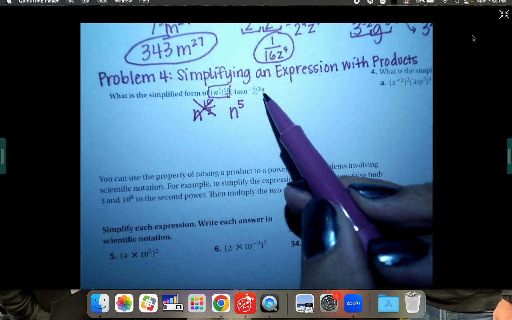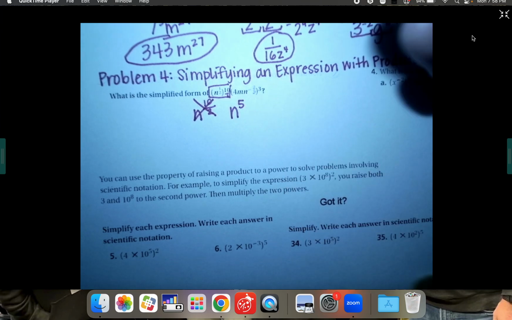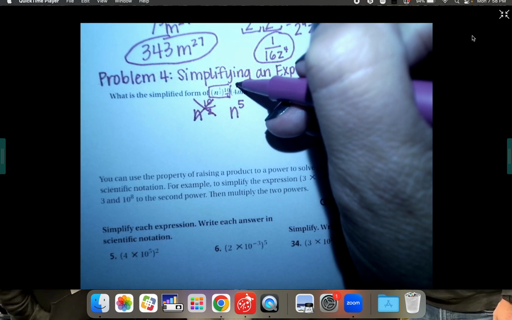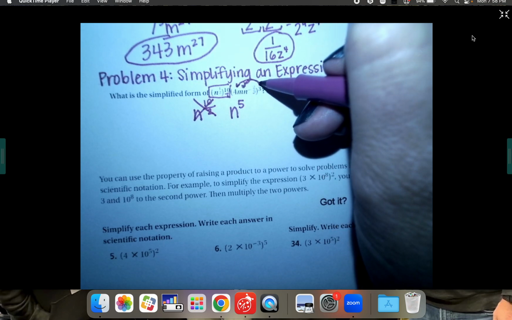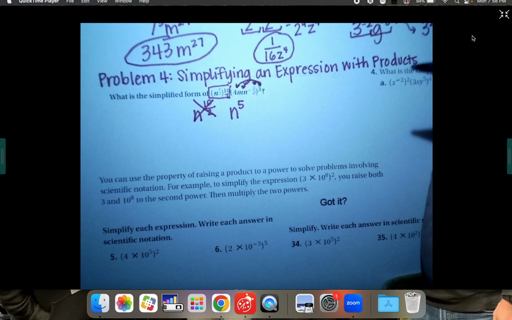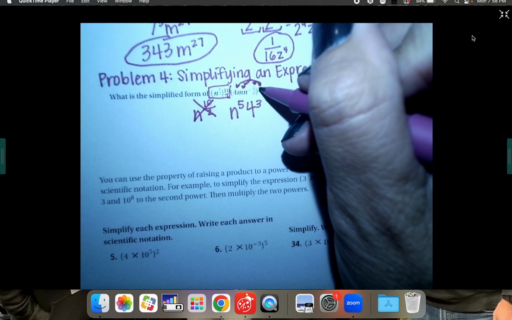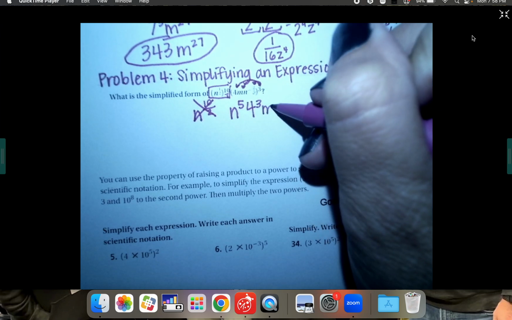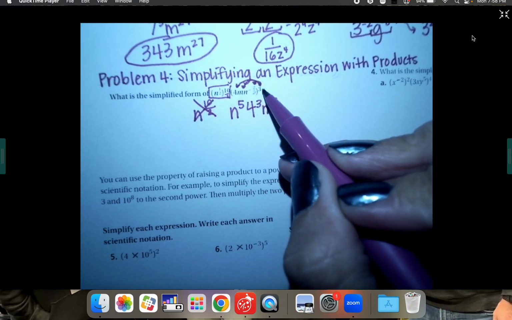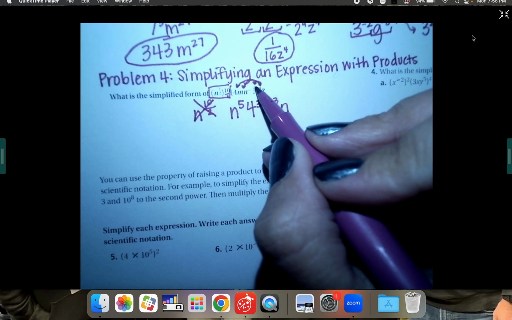Okay, next I have this tiny little 3 exponent out here that needs to be distributed to the 4, to the m, to the n to the -2/3. So I have 4 to the 3rd, m to the 3rd, and then let's go ahead and distribute the n to the -2/3.